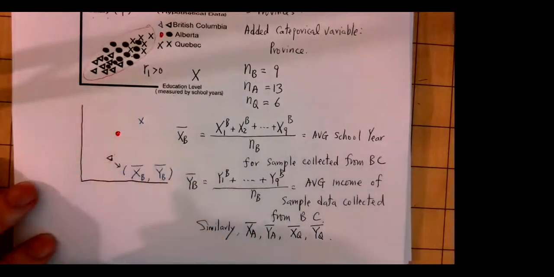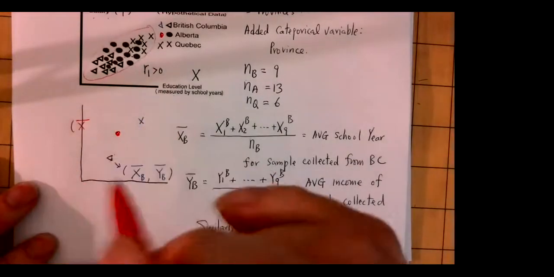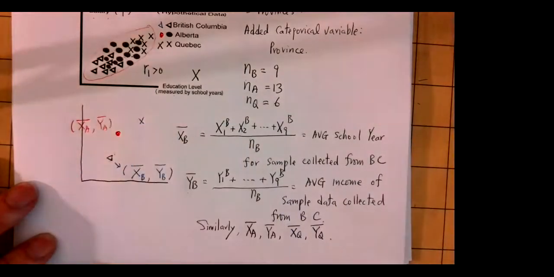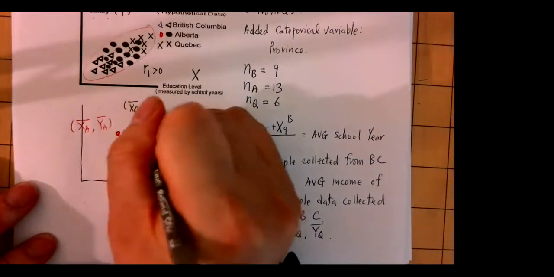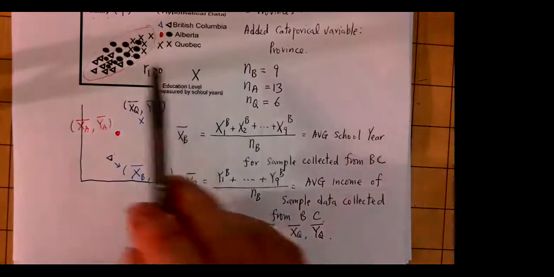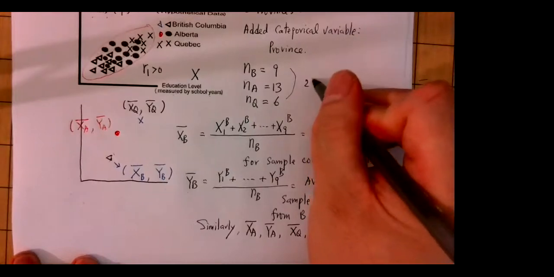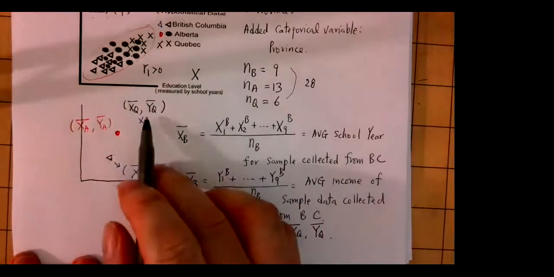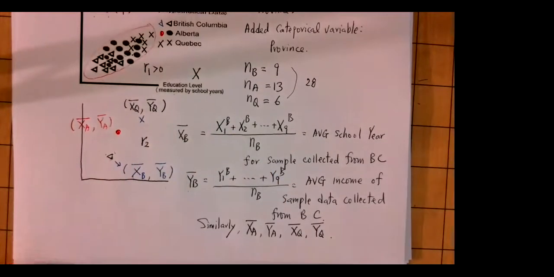And these coordinates, XA bar and YA bar. And this point here, XQ bar and YQ bar, okay? Here I have how many points? 28 sample points. I use all of them, compute R1. And here I have only 3 points, okay? I get the R2.